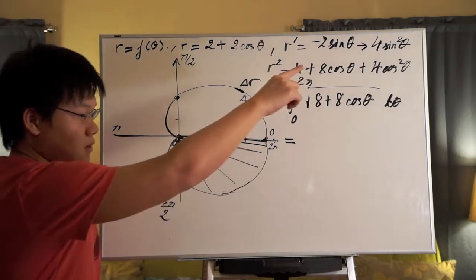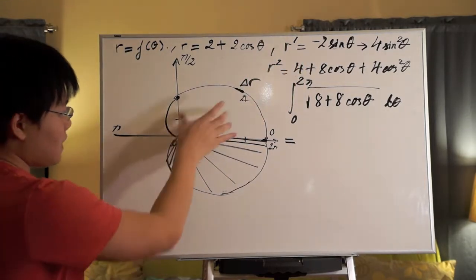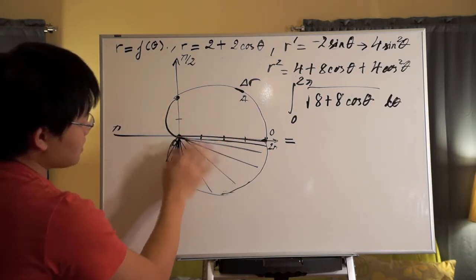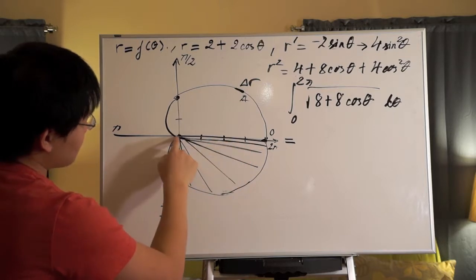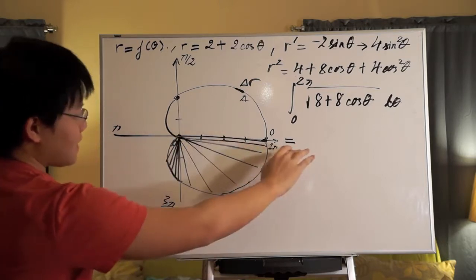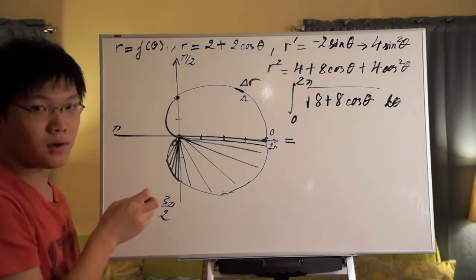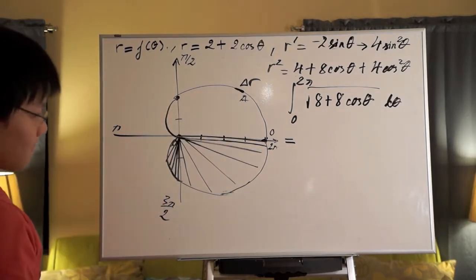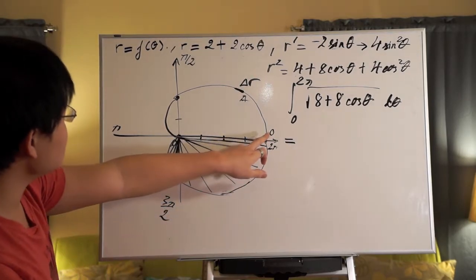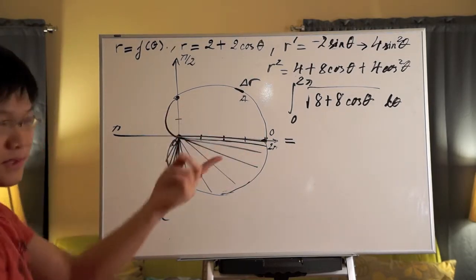Therefore each half of this is symmetrical, meaning when you chop this in half, each length is equal to one another. So, in other words, we can just calculate from 0 to pi and then multiply it by 2.